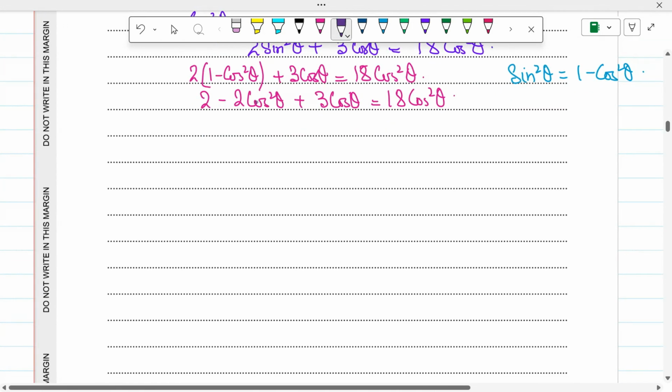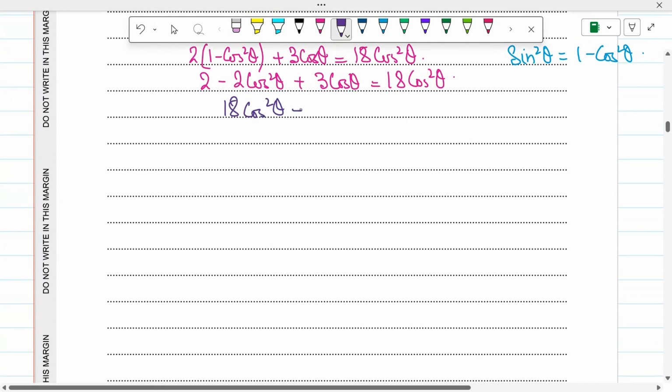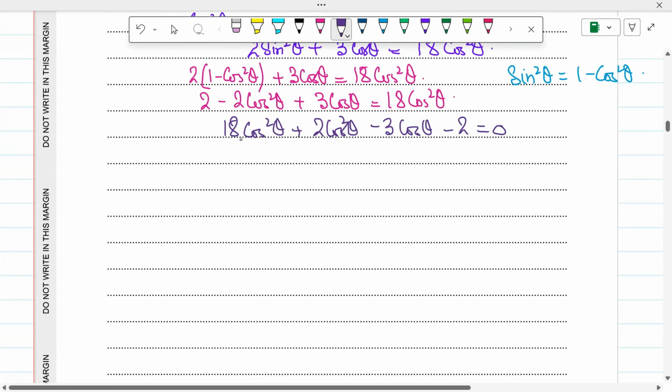Switching the left hand side terms to the right side, we will have 18 cos square theta plus 2 cos square theta minus 3 cos of theta minus 2 is equal to 0. Further solving, we will have 20 cos square theta minus 3 cos of theta minus 2 is equal to 0.